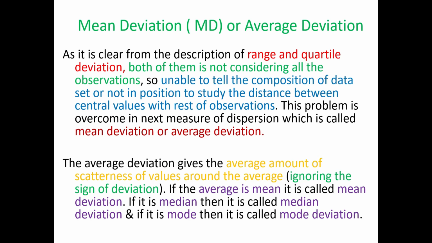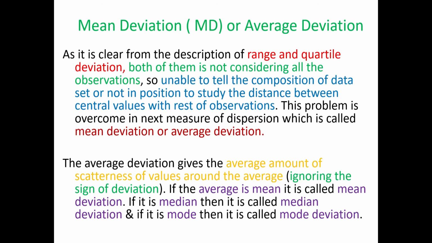So it is not telling us the composition of the data set, nor is it in a position to study the distance between the central value and the rest of the observations. That is the issue with range and quartile deviation. To some extent, we can address this problem under the mean deviation or average deviation.